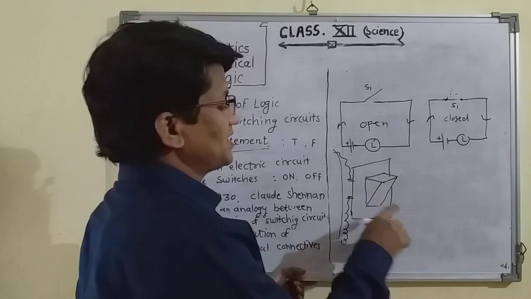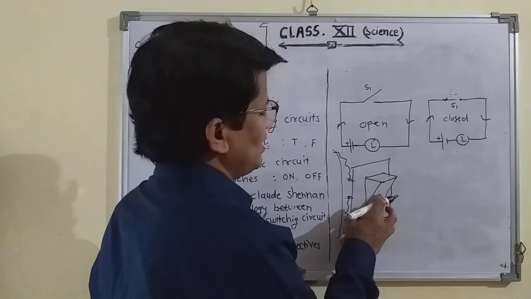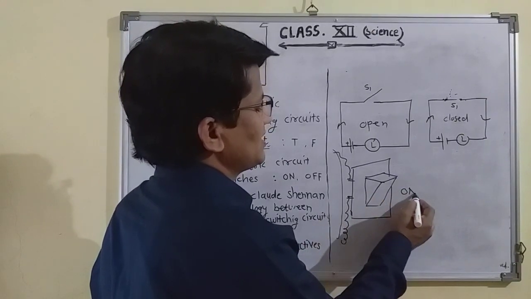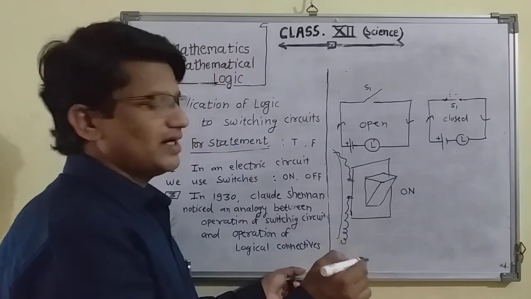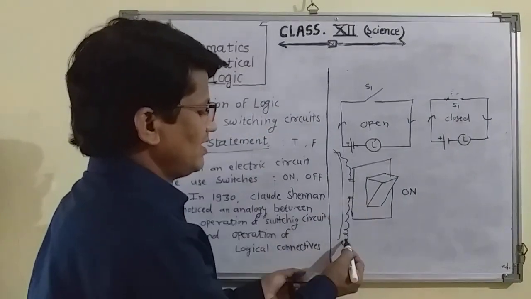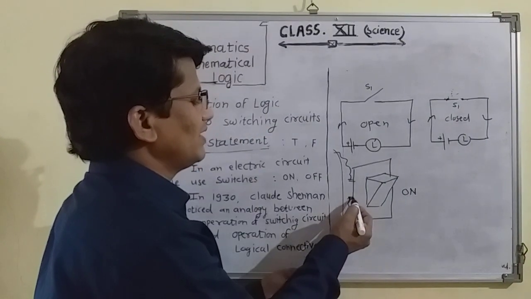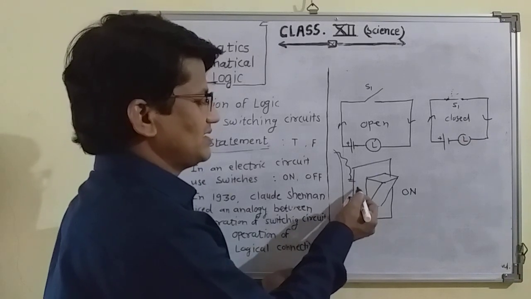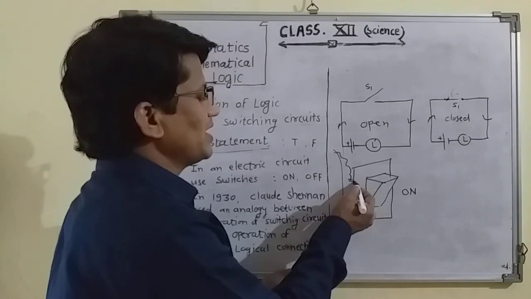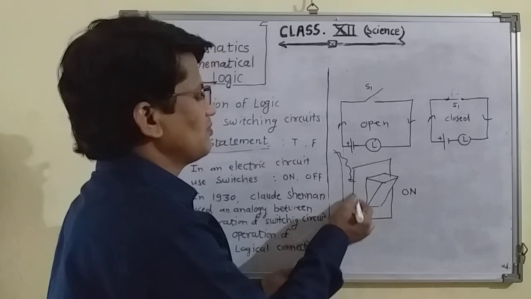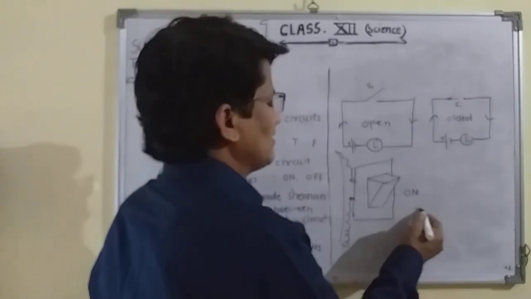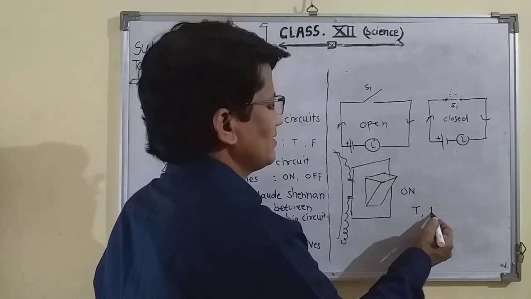Now in this condition, if we press here, this position is on. On means current passes through this point to the other point, and the truth value is taken as T, or it is a 1.